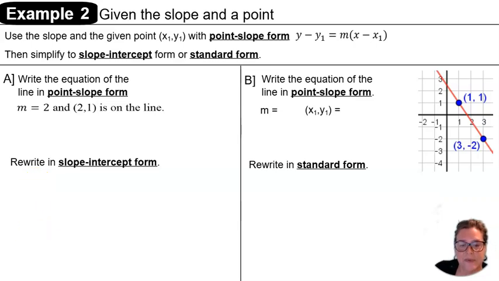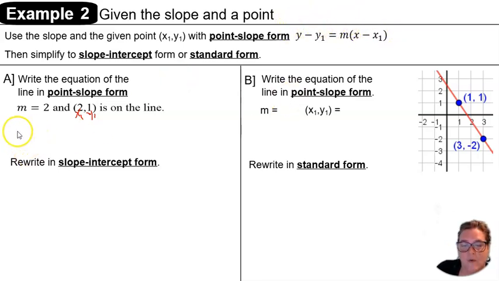In our first example, A, we're given the slope as 2 and a point on the line, (2, 1). That's going to be our x1, y1 when we're using this point-slope form equation.